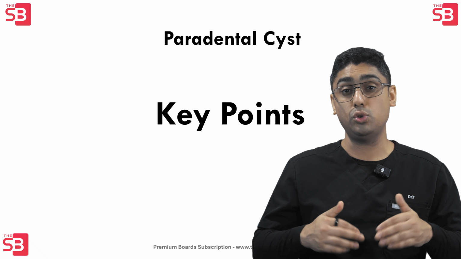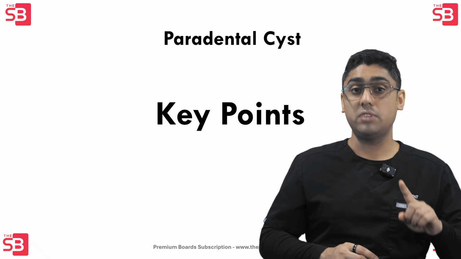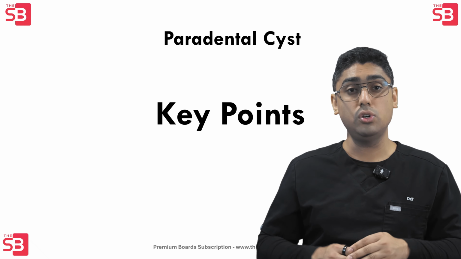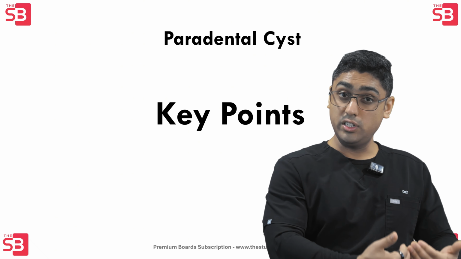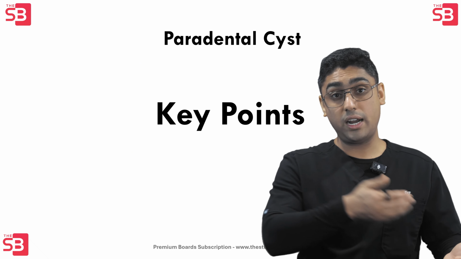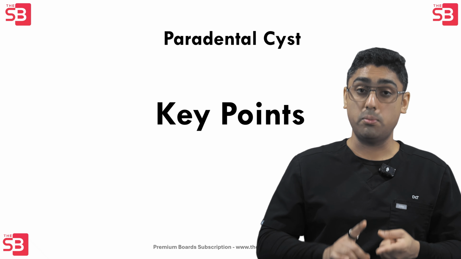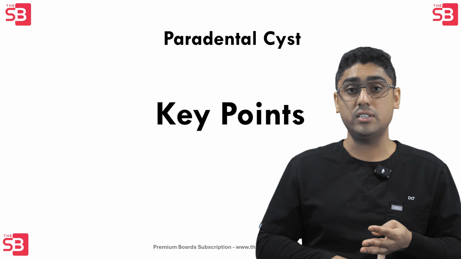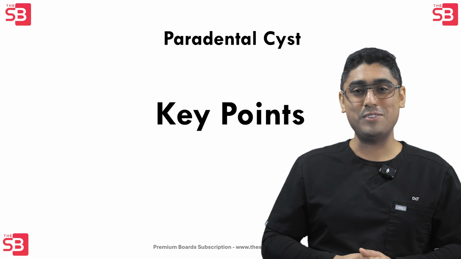Paradental cysts now show a pericoronal halo. Then we talked about histology: keratinized squamous lining, chronic inflammation, granulation tissue, all of that. Treatment-wise, enucleation, you're trying to preserve the tooth in buccal cysts, and you're extracting the third molar in the paradental cysts. Make sure that you're differentiating them from dentigerous cysts, residual cysts, periapical or lateral periodontal cysts using tooth vitality and eruption status.